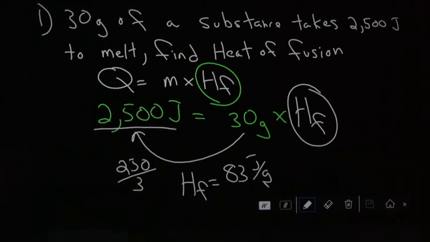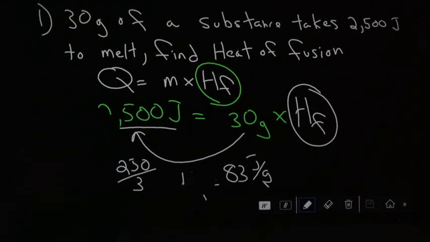Now think about this. This is important. 83. Water takes 334 joules to melt 1 gram of ice. This solid can be melted by 83. So the question is, this substance, does it have stronger or weaker intermolecular forces than water?